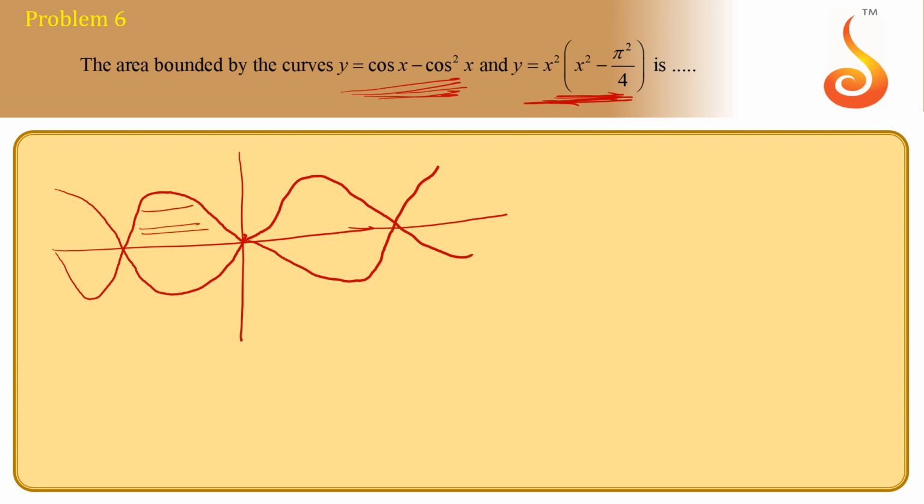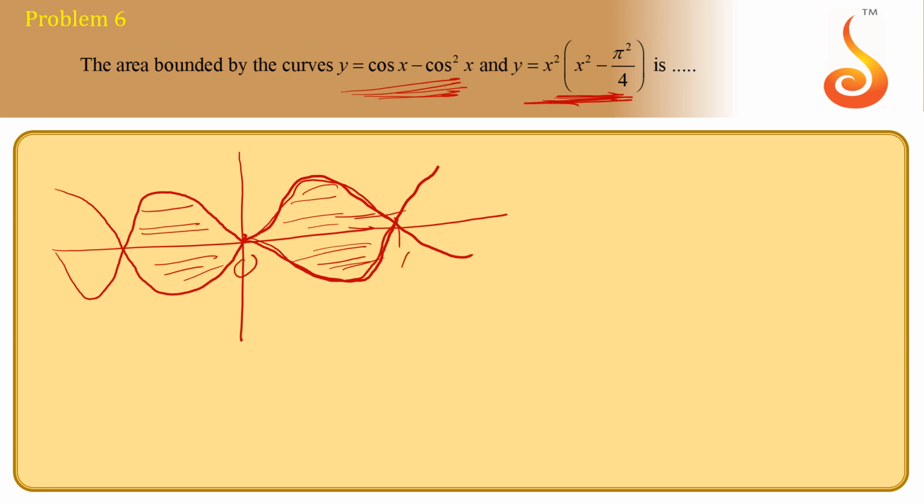So this is the required area. This is the cos graph, this is the second graph.